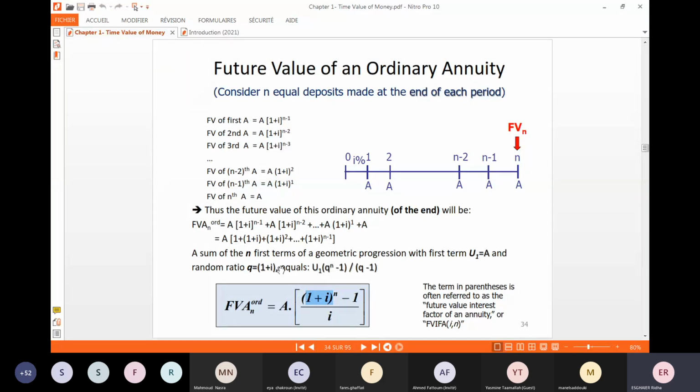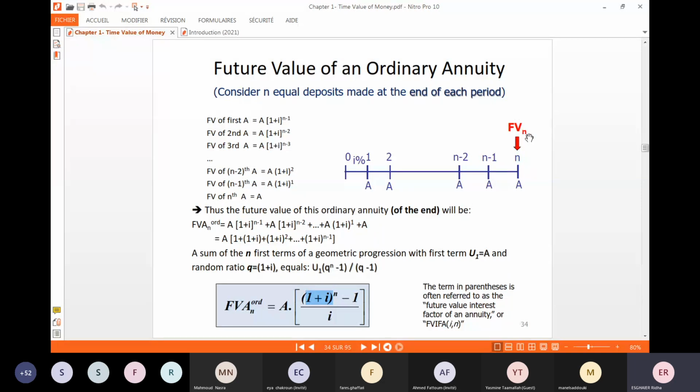So directly, when we have an ordinary annuity, a series of equal amounts deposited at equidistant intervals during n years, or n amounts, forget about the years, we have n deposits. The future value of these n amounts at the date of the last deposit is very important, because in an ordinary annuity, the future value date coincides with the date of the last deposit.